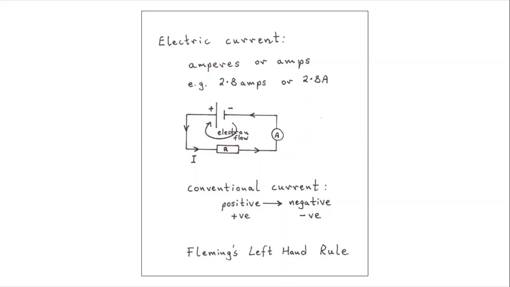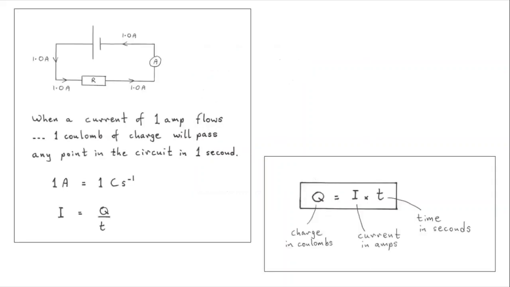So let's look at an amp in a bit more detail. What's a definition? Well, in my circuit that you'd see on the left-hand side, when a current of 1 amp flows, 1 coulomb of charge will pass any point in the circuit in 1 second. So we can say 1 amp is 1 coulomb per second.